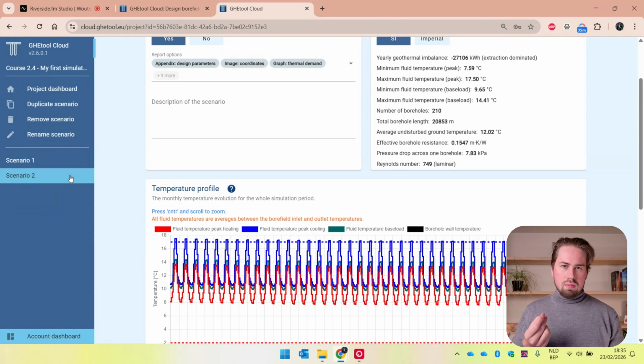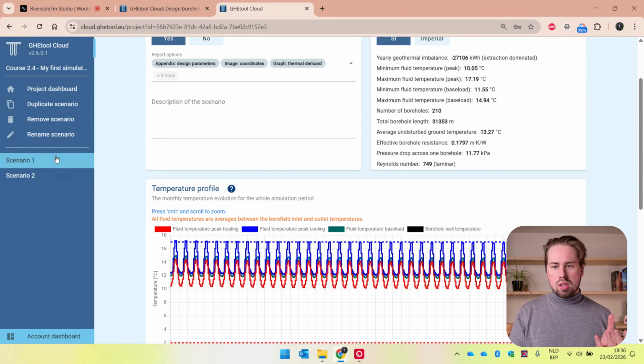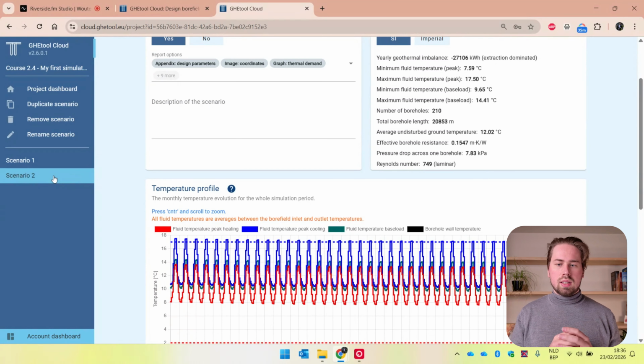And that is because if you recall our short-term effects, we have our borehole resistance, which changes a little bit, but conceptually, it's not only the borehole resistance that's of importance, but also the total borehole length. And we decreased the borehole length by a factor of 1/3.